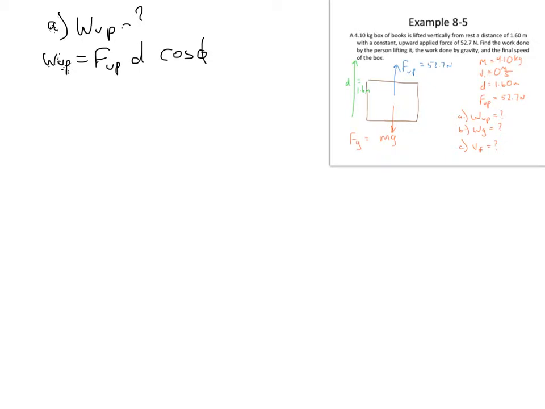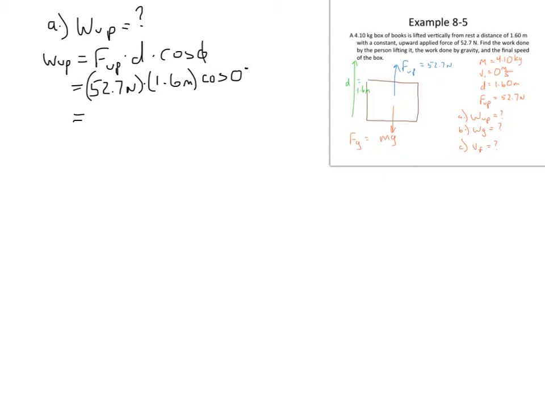What's our upwards force? That's 52.7 newtons. What's our distance d? That's 1.6 meters upwards, which happens to be in the same direction as the force. And what's the cosine of the angle between them? The angle between them is 0, cosine of 0 degrees, because they're exactly in the same direction. Here's your force, here's your distance, and there is no angle between them. So let's solve for our work done right here.